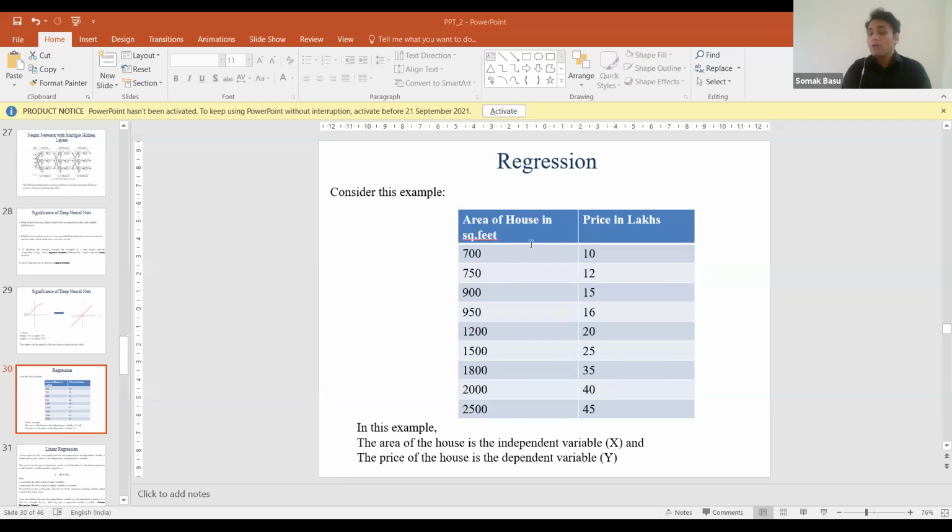So now, what I want to do is find a relation between the area of the house and the price in lakhs.